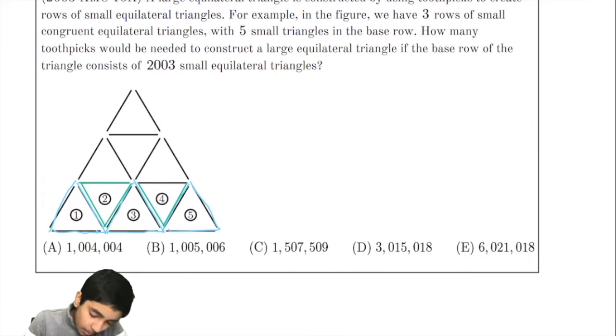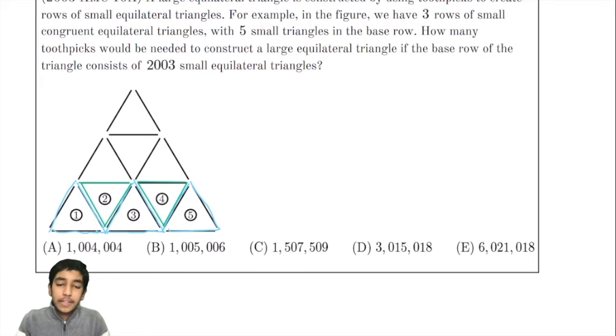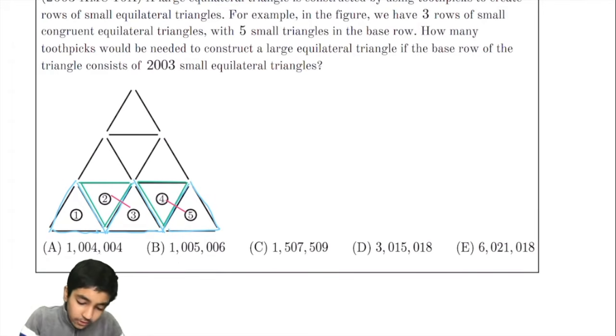The reason is that if you think about pairing them up, there's always going to be one extra upward facing triangle. So out of these total of 2003 triangles on the bottom, there's going to be 1002 upward facing triangles and 1001 downward facing triangles, right?